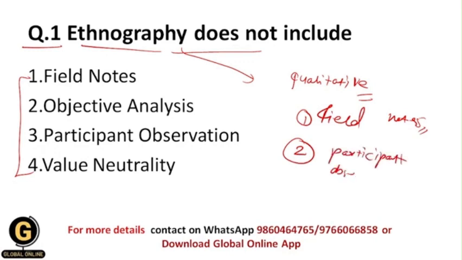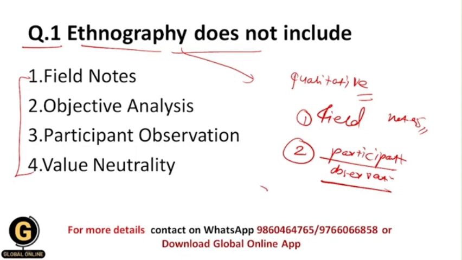Participant observation is the most used method in ethnography, and in this method the researcher participates in a particular community or society, lives with the participants, does all the activities with them, and can study the specific culture of that community.